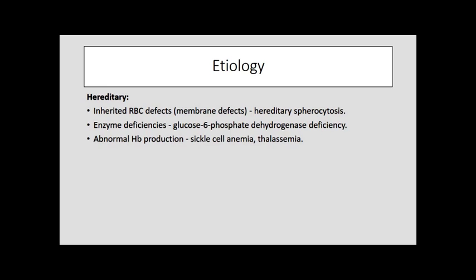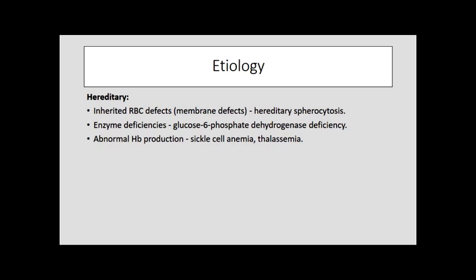And here we have some conditions. Okay, one of them is hereditary spherocytosis. This is a condition in which the red blood cells have a membrane defect so that instead of being a biconcave disc they are round, completely round, an abnormal shape.